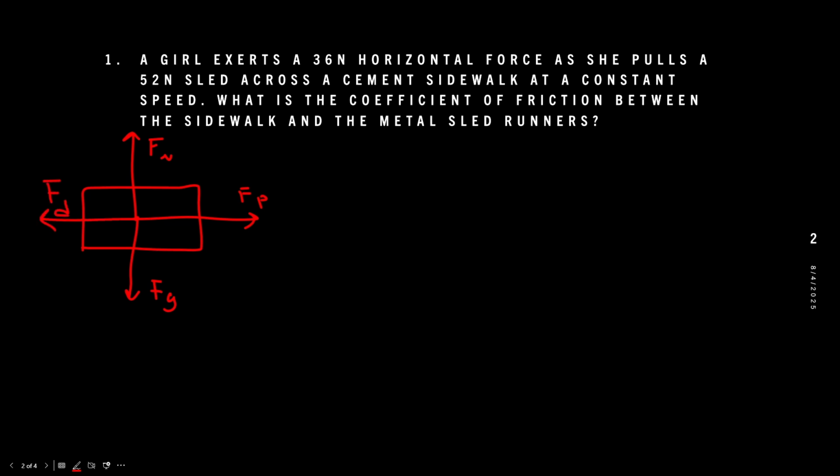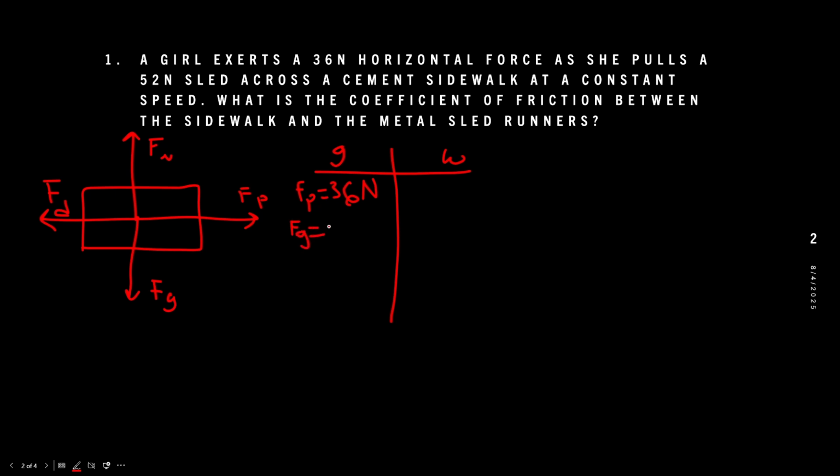Now we could draw our given and wanted table. So the first thing we know is that the push force is 36 newtons. So we could say Fp equals 36 newtons. And we also know that the sled is 52 newtons in weight.